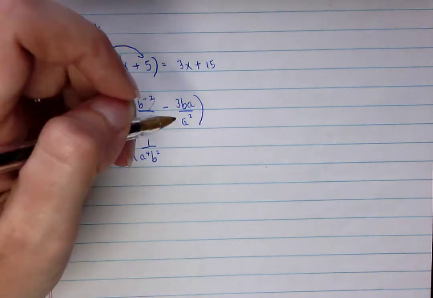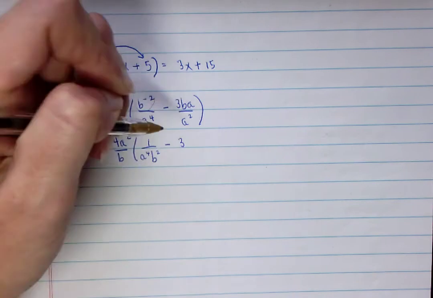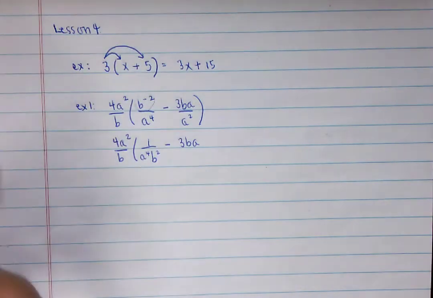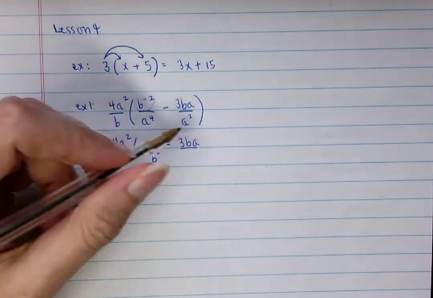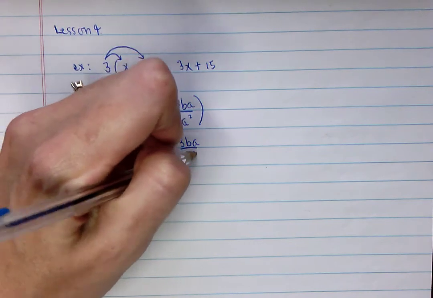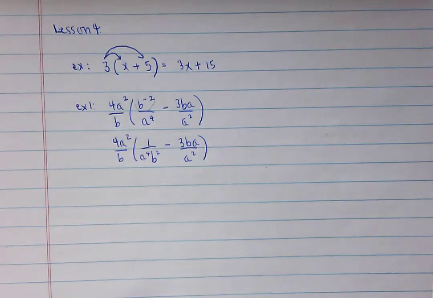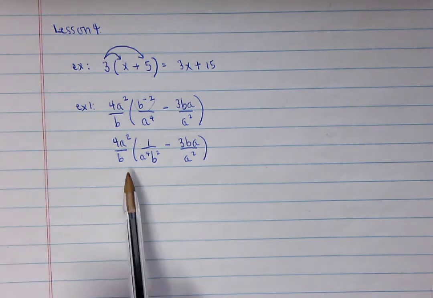Then we have minus 3ba, and you can say ab. They're just written as BA, but that's the same thing as AB, and we'll probably write that in alphabetical order when we simplify everything.